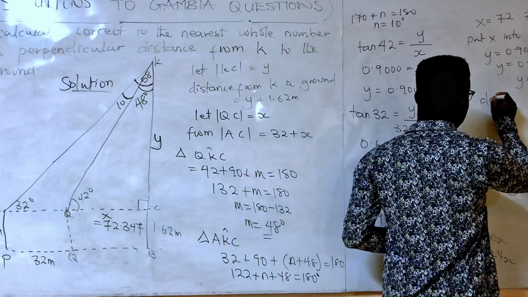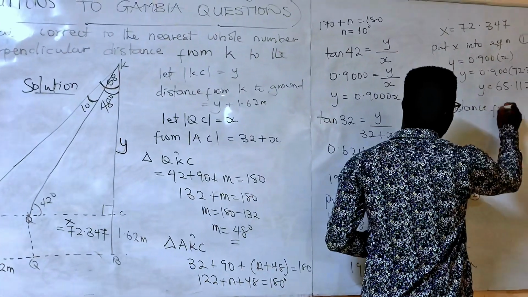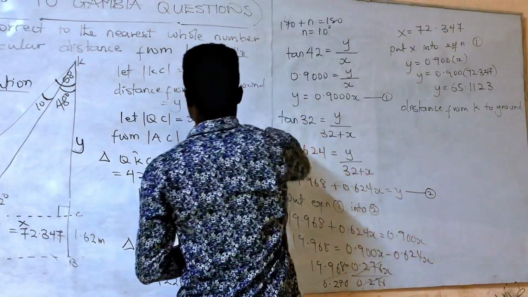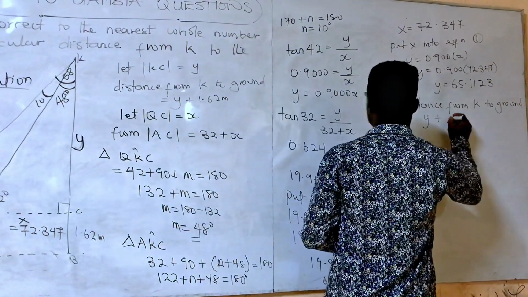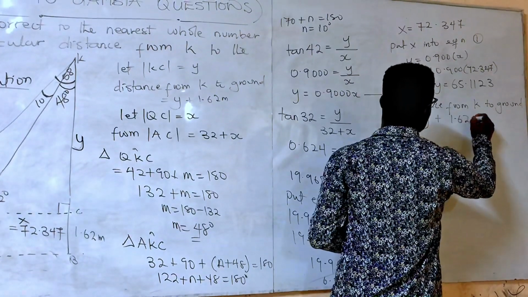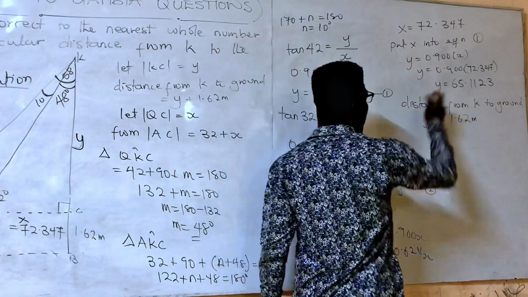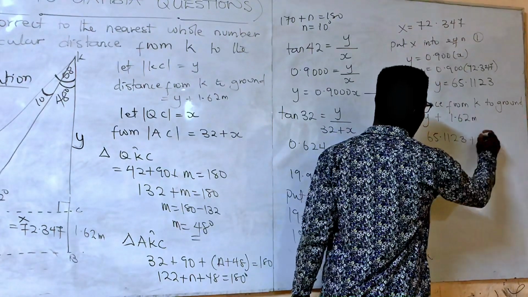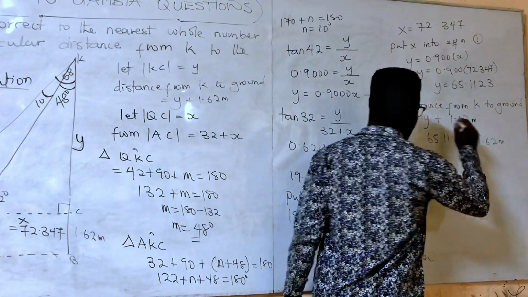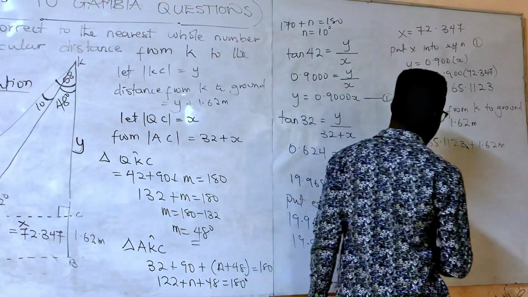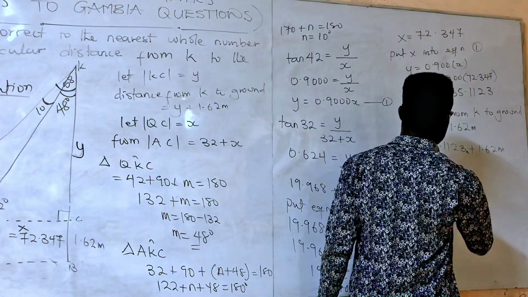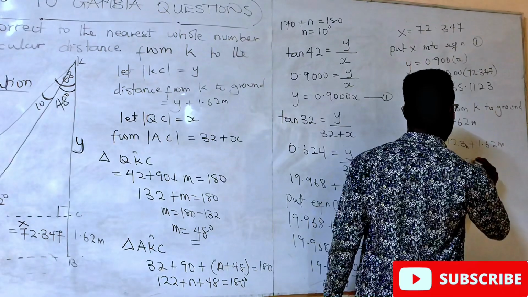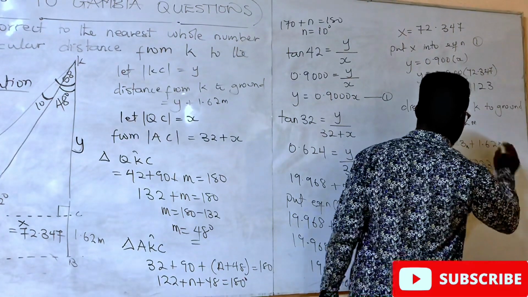So distance from K to ground. We have an equation as y plus 1.62 meters. And we found our y to be 65.1123, so 65.1123 plus 1.62 meters. If we add these two distances, we are going to get 66.7323 meters.